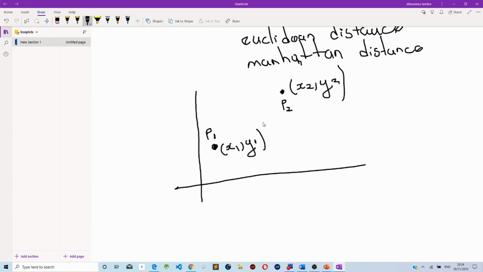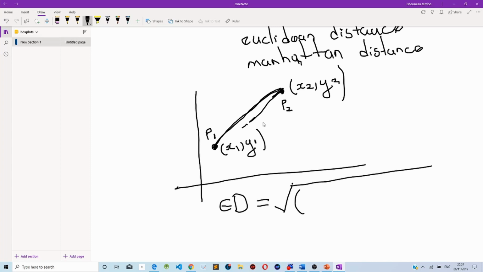So how do we find the distance between these 2 vectors? We first find the distance in terms of the Euclidean distance, which I'll call ED. The Euclidean distance is the square root of x2 minus x1 squared plus y2 minus y1 squared.